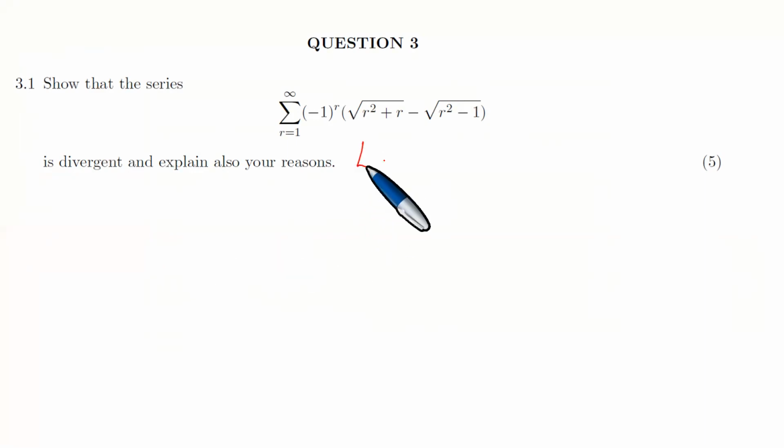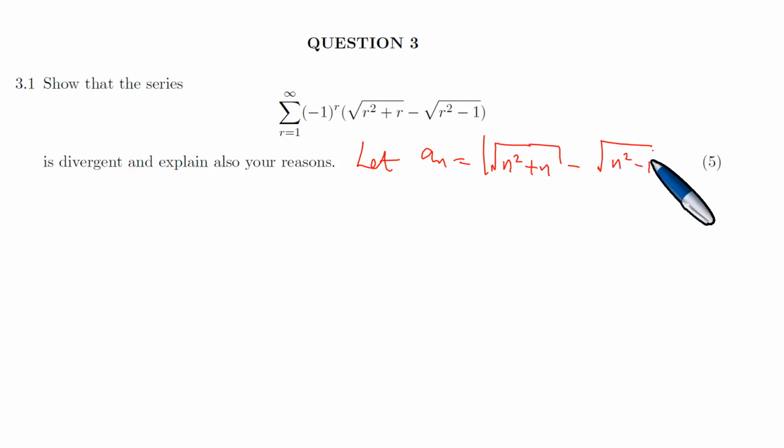Okay, let's see. You can let a_n be the modulus, so just take the absolute value of this, and then you have n squared plus n minus this one, which is n squared minus 1.